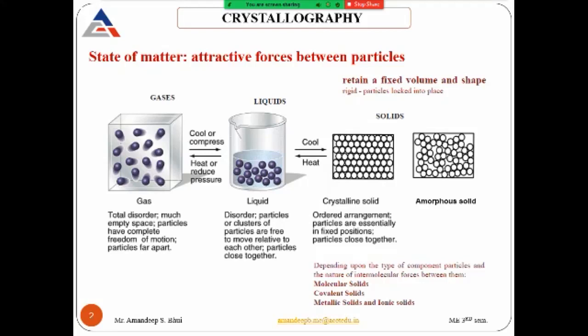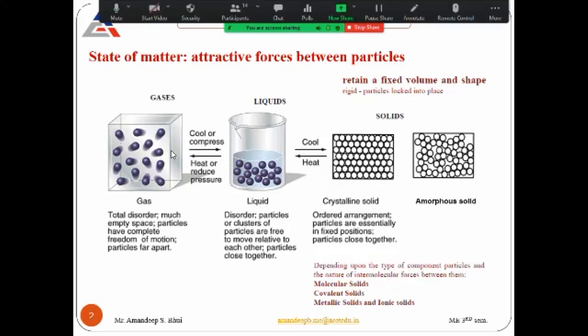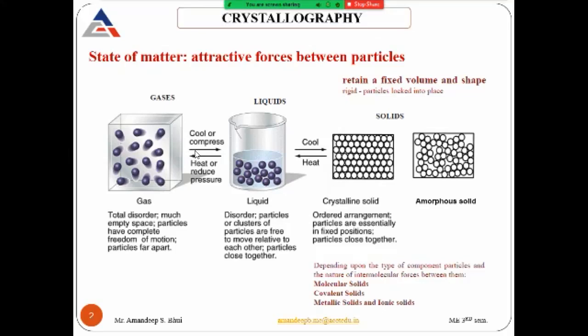Okay. So depending upon the type of component particles and the nature of intermolecular forces, they can be divided into molecular solids, that is, if they have molecular bonds, covalent or ionic bonds. They might have covalent solids in which the bonds between the atoms are covalent, and there can be a hybrid solid where you have a combination of metallic as well as ionic bonds.